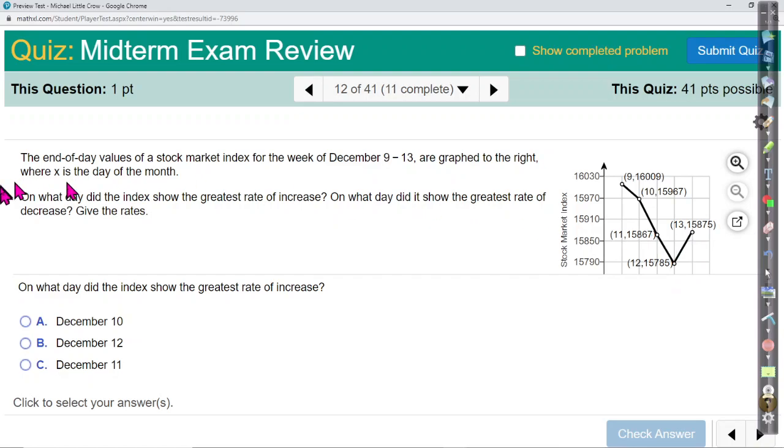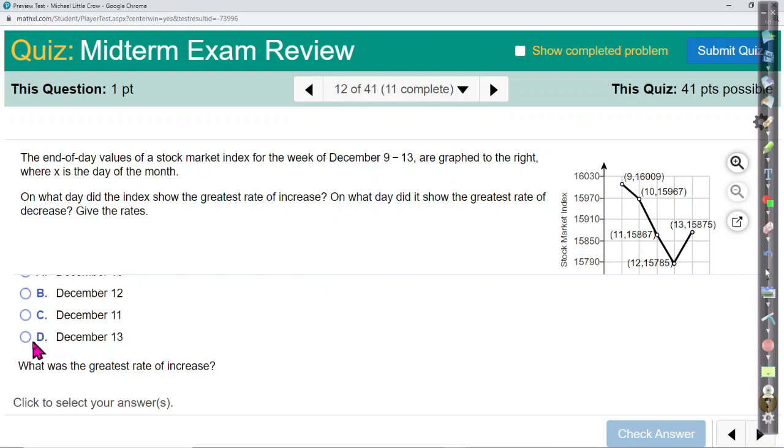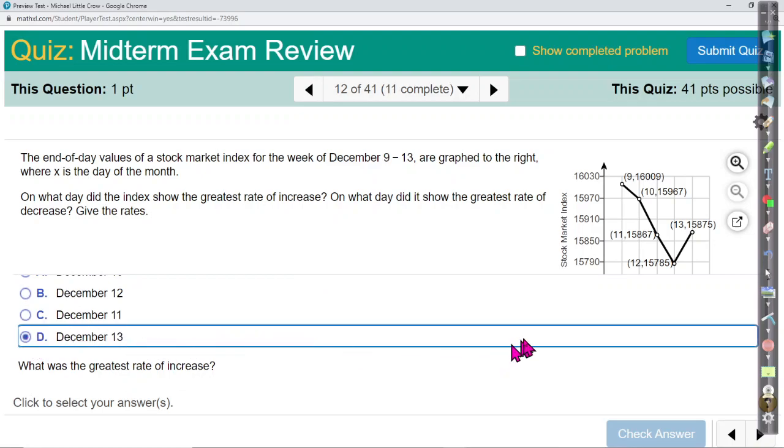On what day did the index show the greatest rate of increase? So when it opened on the 13th, it was down here. So this all happened during the day of the 13th. Okay, does that make sense? Had to have happened on the 13th. Not only the greatest increase, it's the only day of increase.